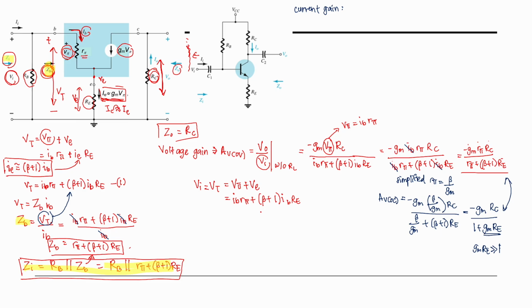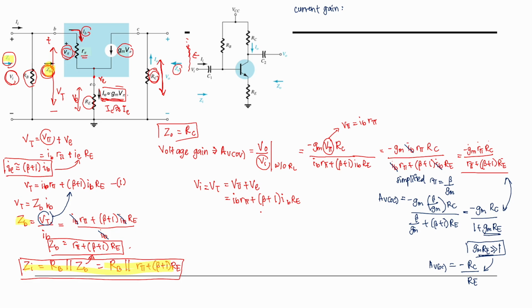Then your AVOC in this case will become negative RC over RE. This is only applicable if GM multiplied by RE is very large, more than 1, then you can simplify your AVOC to negative RC over RE.